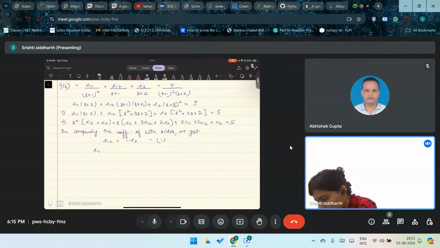So we have C11 minus 3C2 plus 2C2. This is C11 minus C2 equals 0. And then the last equation, minus 2C2 plus 2C11 plus C2. This is 2C11 minus C2 equals 5.